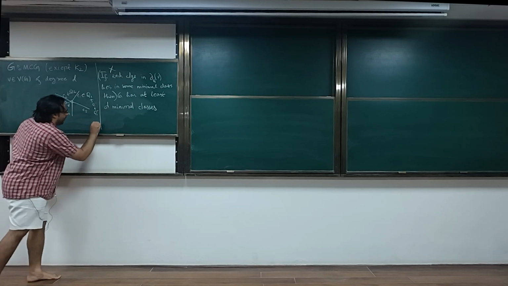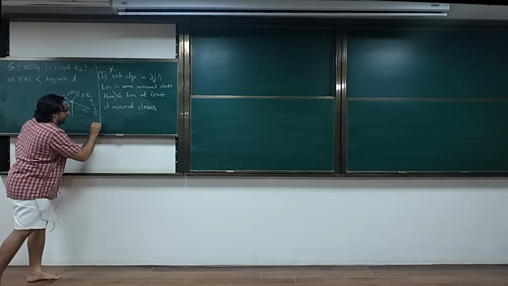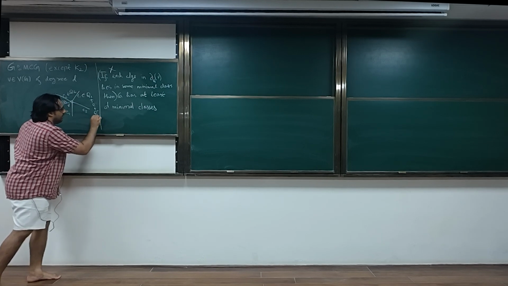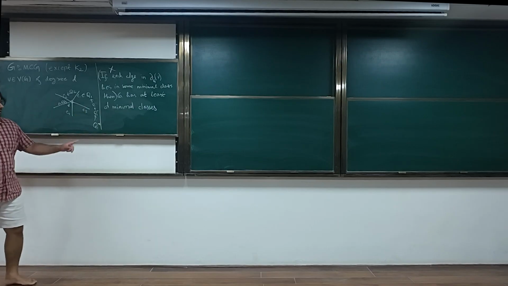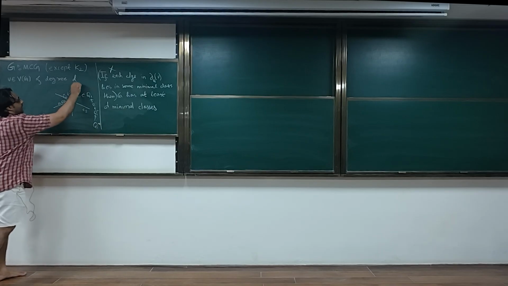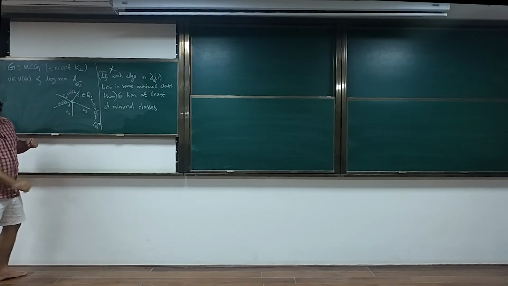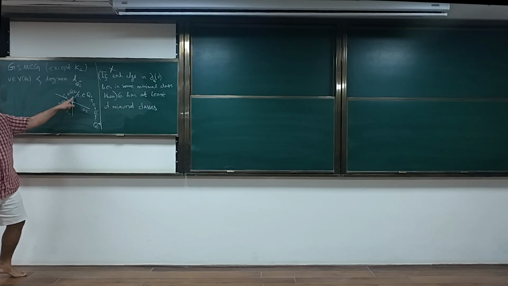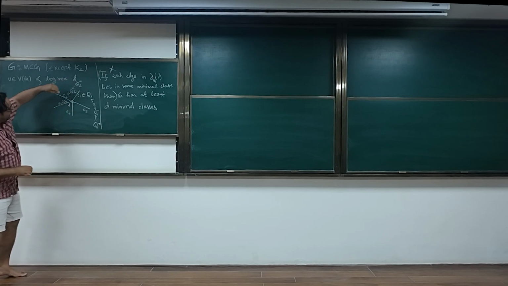Eventually you will reach a Q1 star that is actually minimal, and there is a dependence from Q1 star to this Q1, which is the one containing E1. Likewise, you will get a Q2 star for Q2 in case Q2 was not already minimal, otherwise Q2 could be equal to Q2 star. So you will get one fellow here like this, and so on.